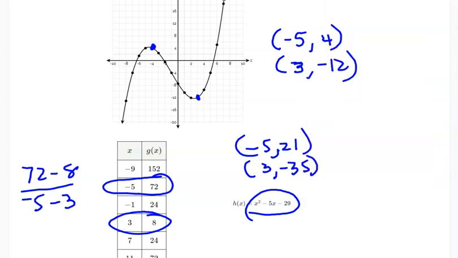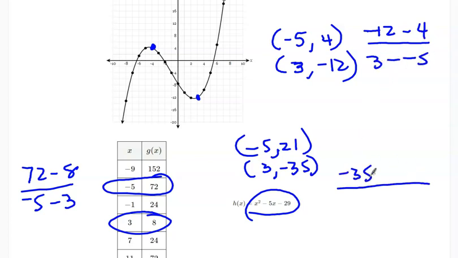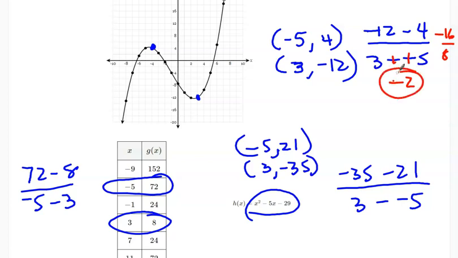And now all I need to do is compute all of these rates of change. So -12 minus 4, 3 minus -5, and then down here, -35 minus 21, and 3 minus -5. Alright, let's take a look here. This one is going to be -16 over 8, which is -2.